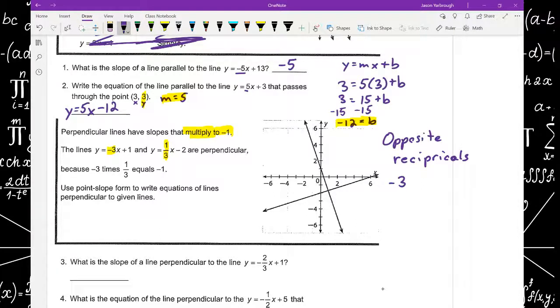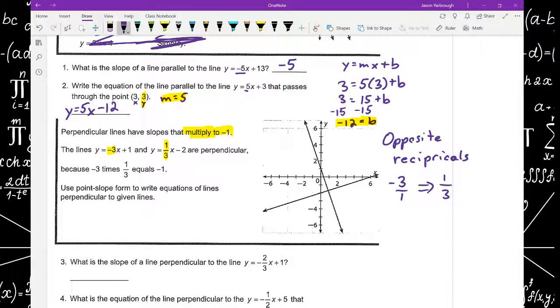It's understood that it's over 1. So to change the sign for the opposite part, the negative becomes a positive. Right? And we're going to end up flipping this. So 3 over 1 becomes 1 over 3. So notice how those end up working.